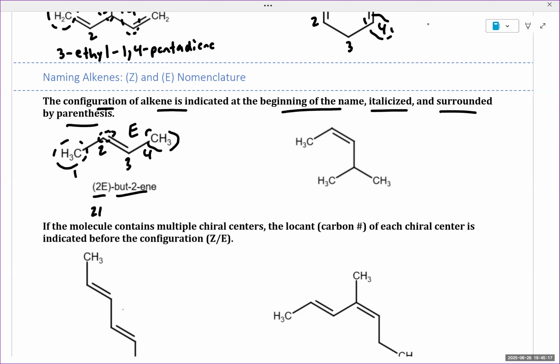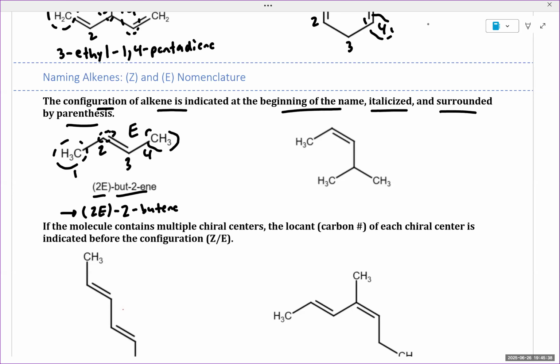You can also call this (2E)-2-butene, the old school and newer methods of naming this compound. Key thing, you need to have the locant number and configuration for the alkene if it has stereochemistry.